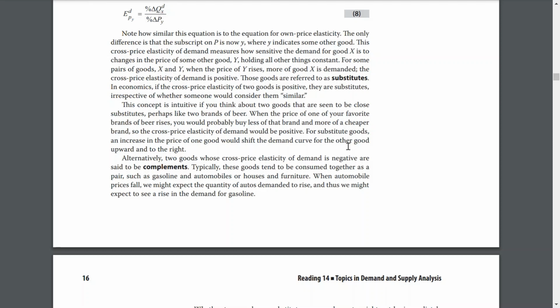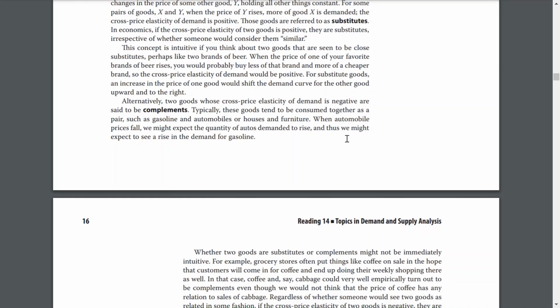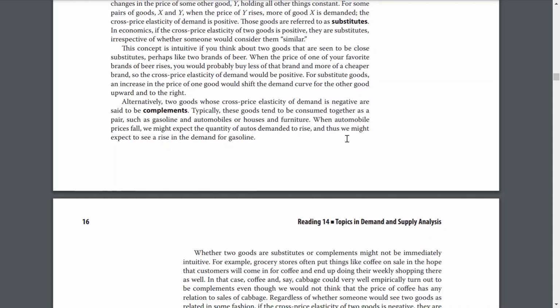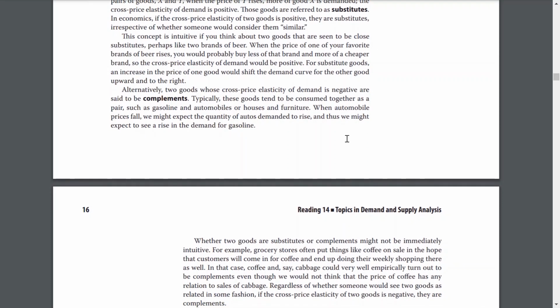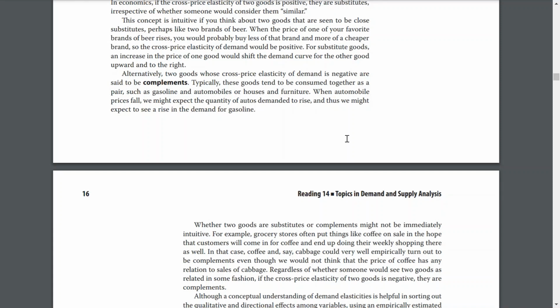Alternatively, two goods whose cross-price elasticity of demand is negative are said to be complements. Typically, these goods tend to be consumed together as a pair, such as gasoline and automobiles, or houses and furniture. When automobile prices fall, we may expect the quantity of autos demanded to rise, and thus we may expect a rise in demand for gasoline.